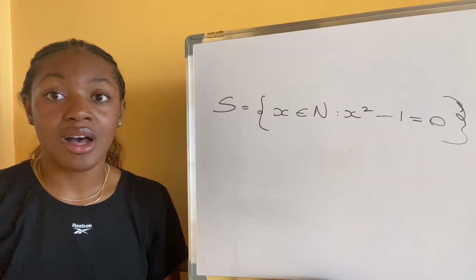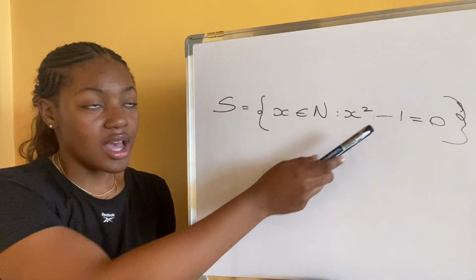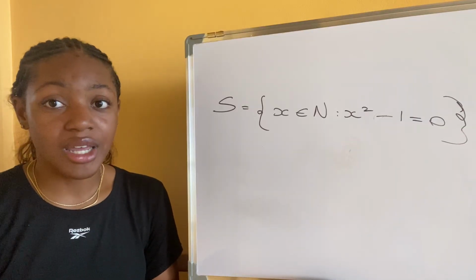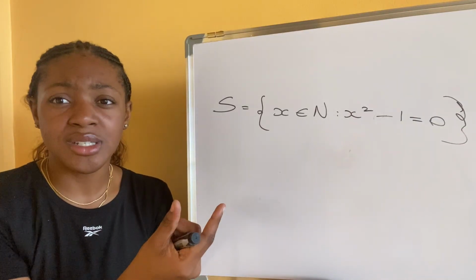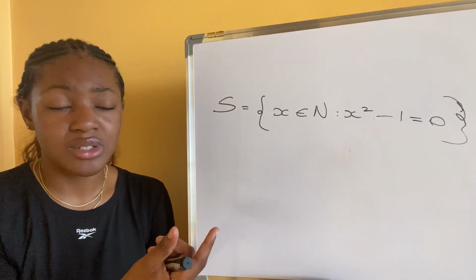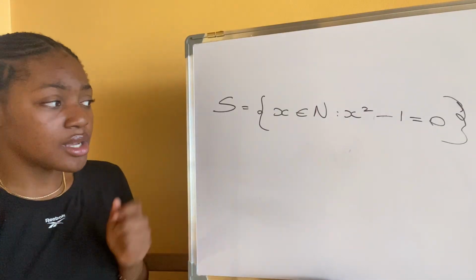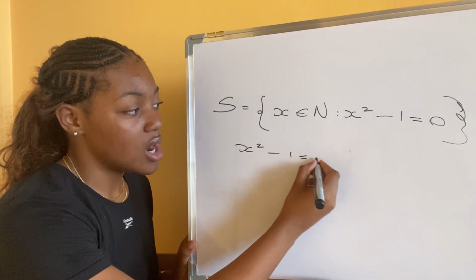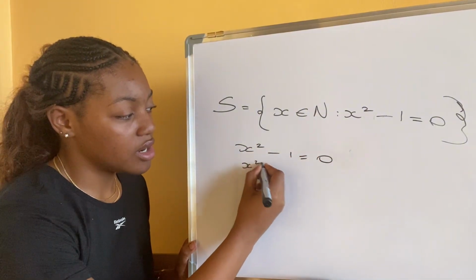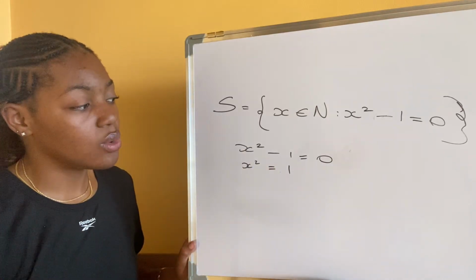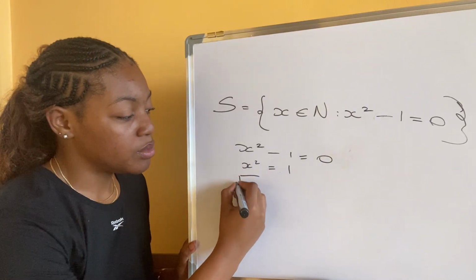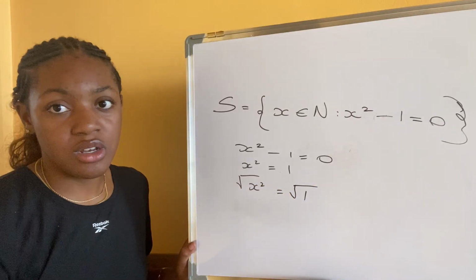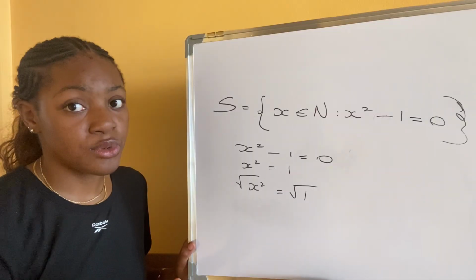All this question is asking us to do is to solve the equation, and the solutions that we get for x basically should be a natural number. So we're going to solve the equation x squared minus 1 equals 0. We're going to bring 1 over to the other side, so we have x squared equal 1. We're going to square root both sides, and when we square root any number, there's always going to be a positive root and a negative root.